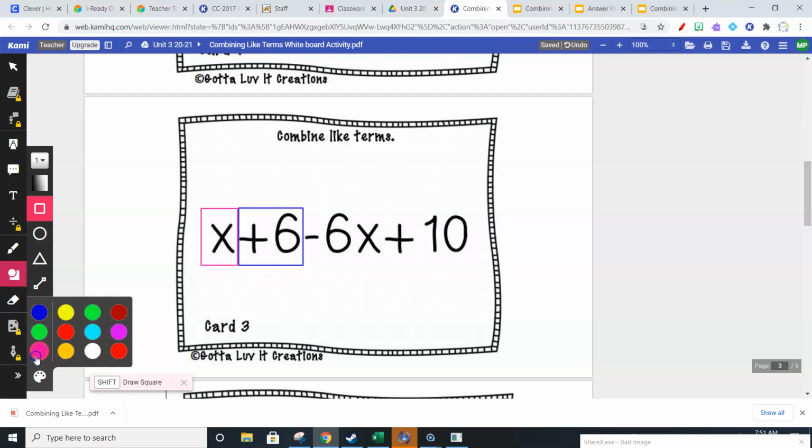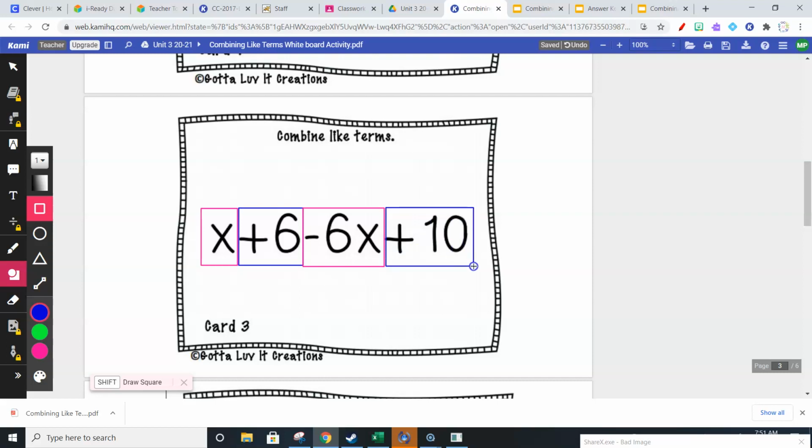I'm going to switch back to pink for the minus 6x. Remember, you want to make sure you're getting that sign in there. And I'm going to switch back to blue for the plus 10. Okay, and you can choose your own colors, that's fine.